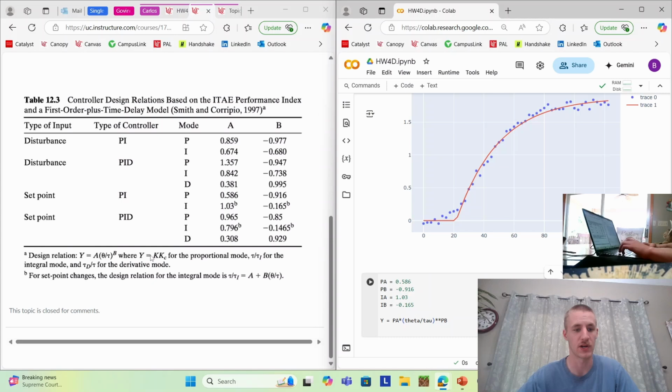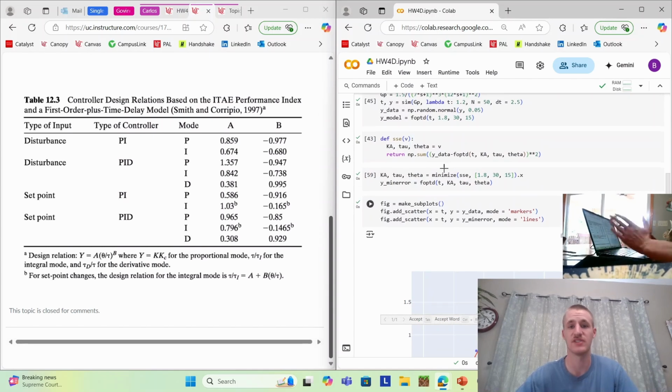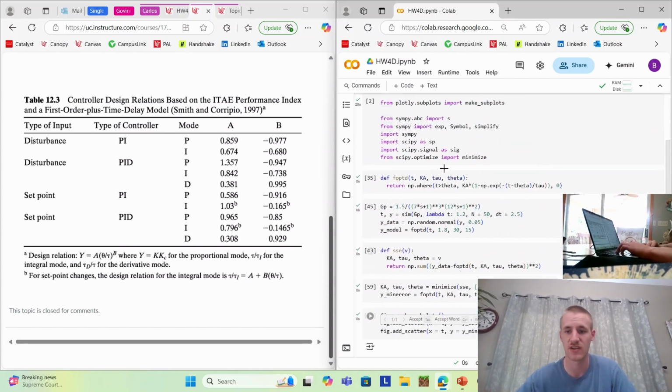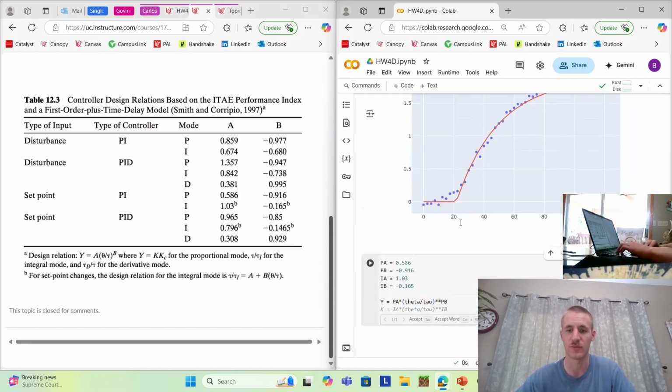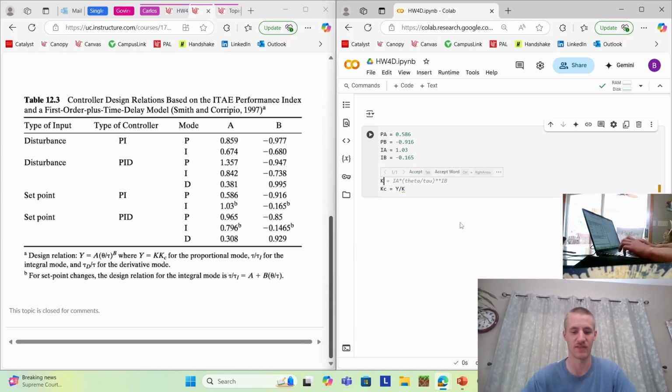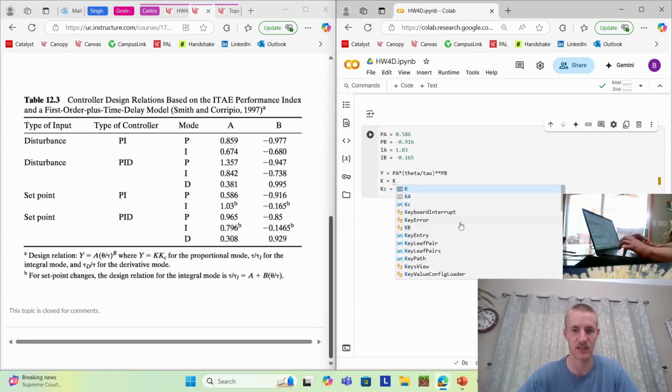And then our y equals K times KC, we can actually say KC equals y over K. Now, we don't have K, but what we do have is KA, which is K times our step change. Our step change, of course, is 1.2 that we just did in the very beginning. So K equals KA over 1.2.